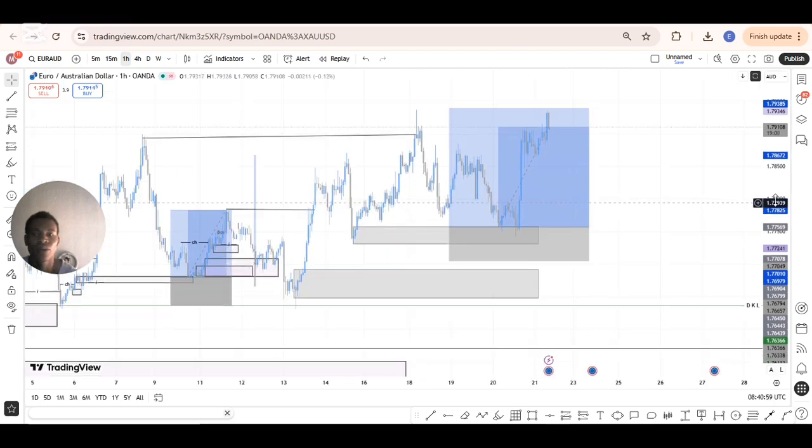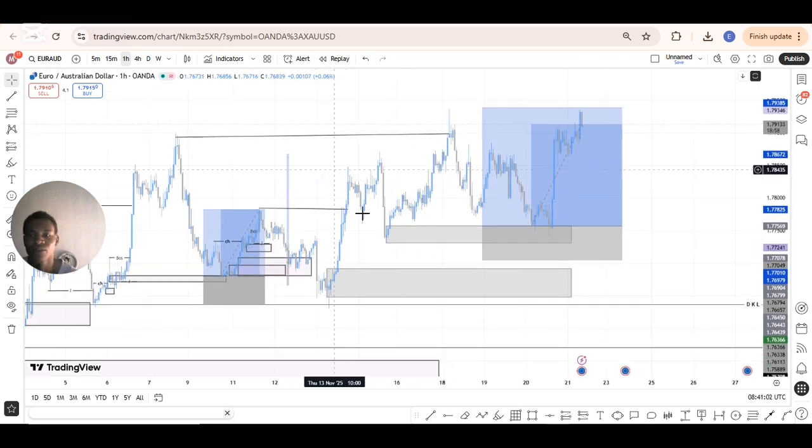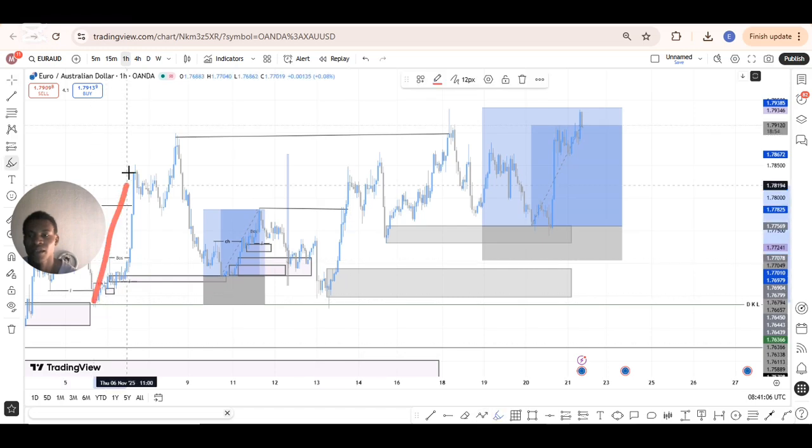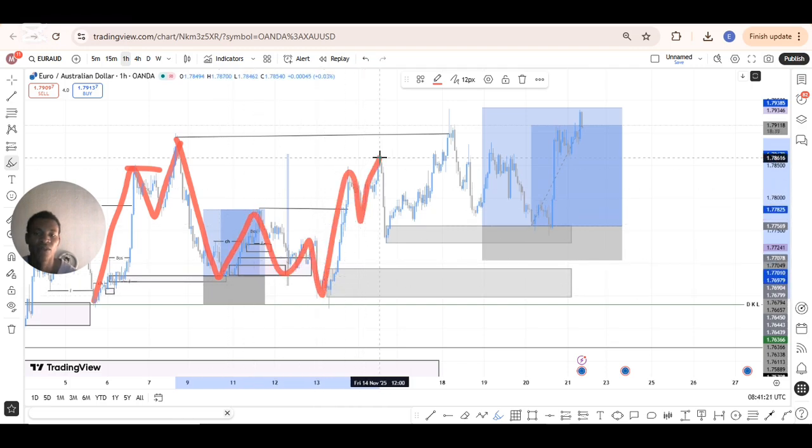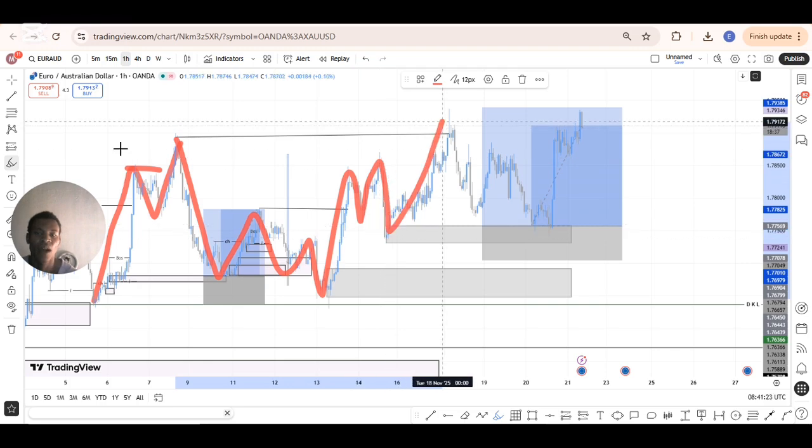On the 1 hour time frame, you can see that market created that same structure, pullback, breakout structure right here, and market came down, tapped on it, and what happened? It created the same scenarios that I told you market will create before moving up, and broke structure right here.